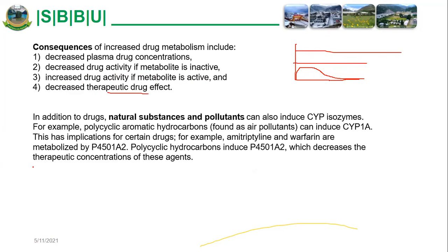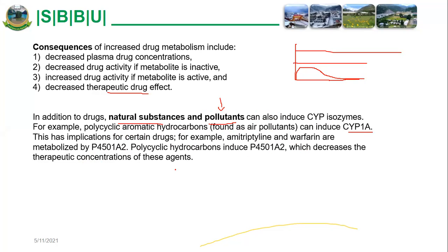In addition, remember this point, which is very interesting: natural substances and pollutants can also induce certain cytochrome P450 systems, even environmental pollutants. For example, certain polycyclic aromatic hydrocarbons, found in air pollutants, can induce the cytochrome P450 1A isoform. This has implications for certain drugs, for example amitriptyline and warfarin.